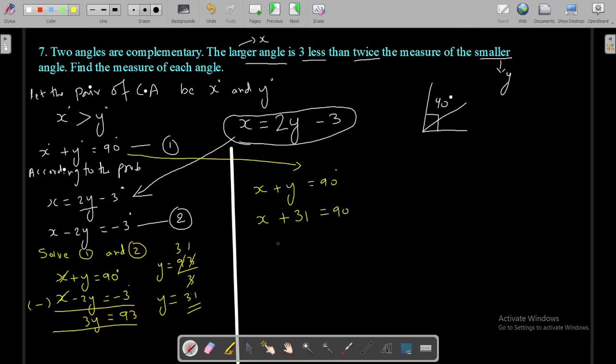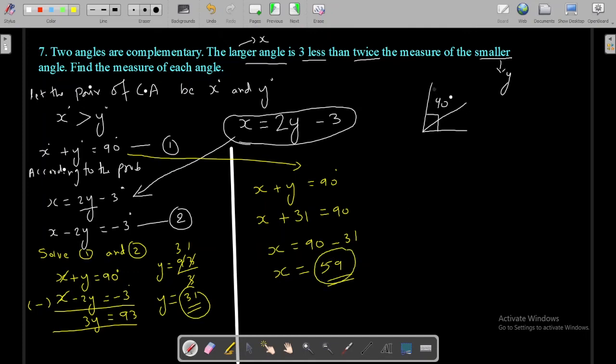So now I will bring this 31 this side, it will become minus. So x is equal to 59. So one angle is 31 and the other angle is 59.